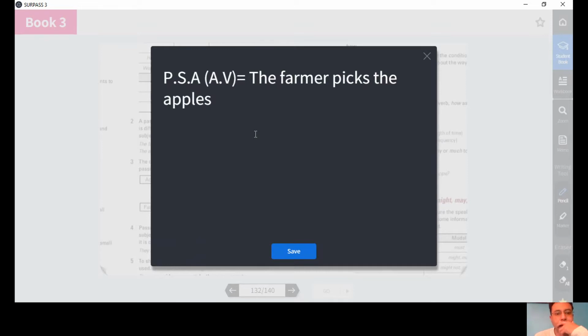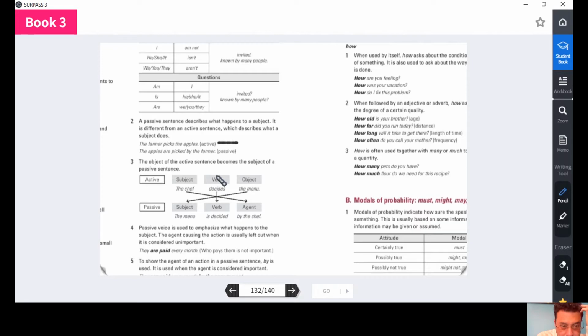This sentence is present simple affirmative. So then, we change the object to be the subject: the apples, so this is plural, are picked by the farmer.